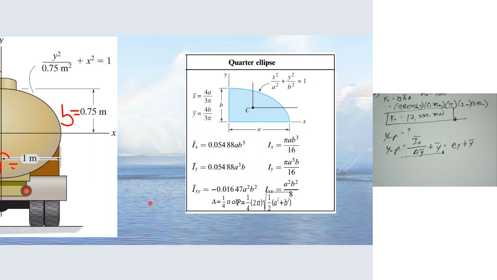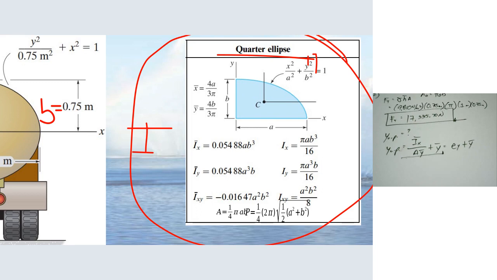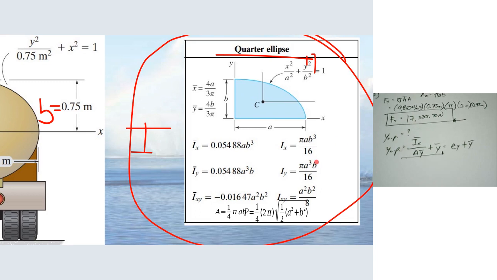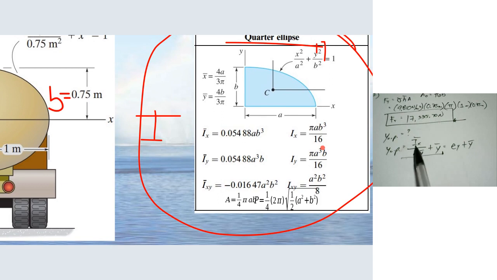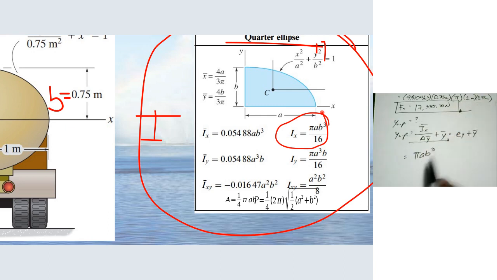No? So, meron tayo ditong formulas, no? For quarter ellipse, para yan sa moment of inertia. So, to compute for this I sub x, we can use this. So, this will be equal to pi a b cube over 16.